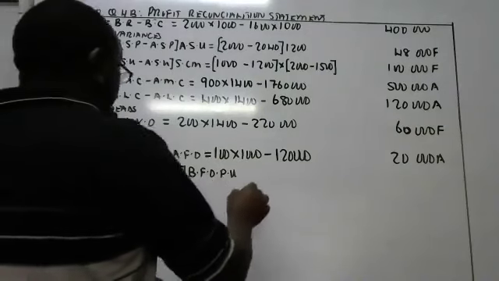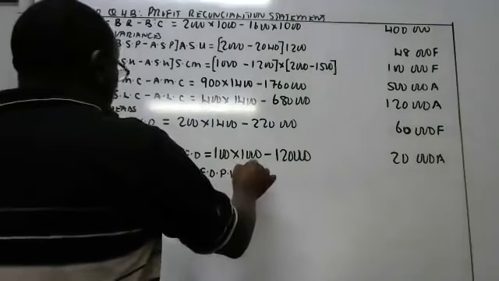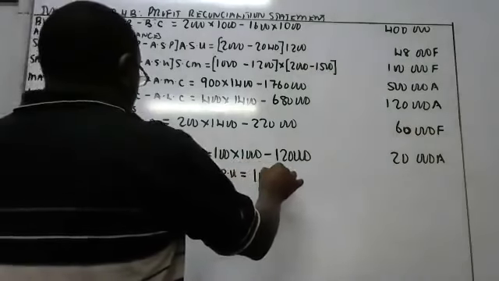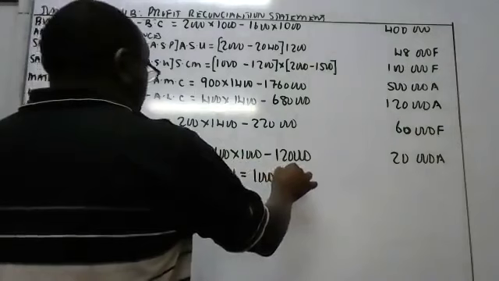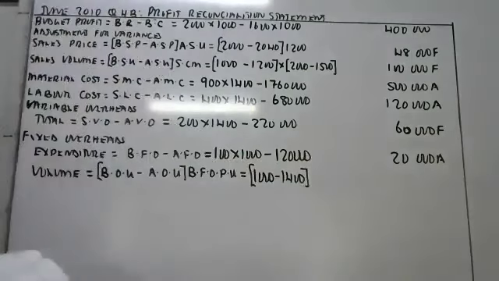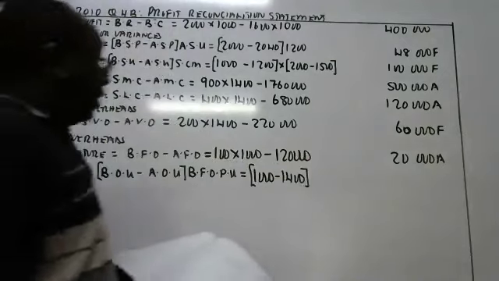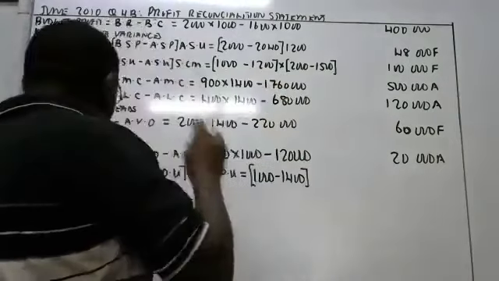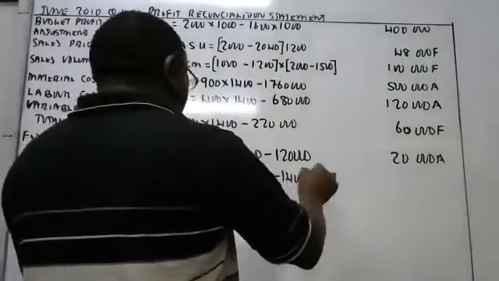Now here, the budget output was 1,000, but the actual output was 1,400. Then you multiply by the budget fixed overhead per unit, which is 100.